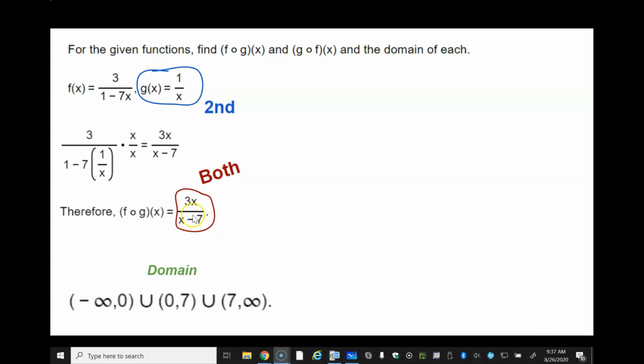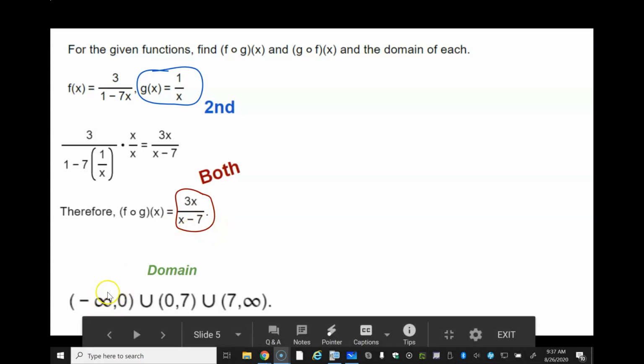The domain for this one here is negative infinity to 7, still included in this domain here, which is also included here. However, we stop when we go to 0 and 7, because I can't go past 7. So when we come to 0, it's going to be the next domain for this one. And remember, 0 doesn't work up here. Then we go to infinity, which is also included in this one. So all 3 of these will be the domain for the composite of f of g.